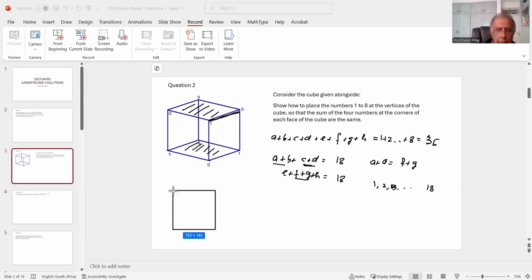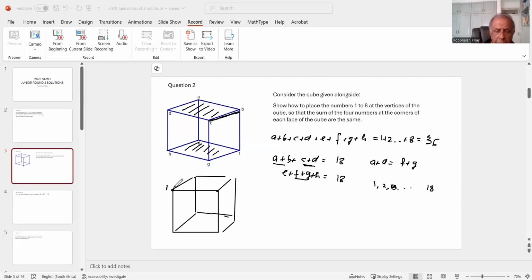Let's just draw something here. I'm just redrawing this cube. I'm going to add two of those numbers to get 5. So suppose I take those two and say they add up to 5.